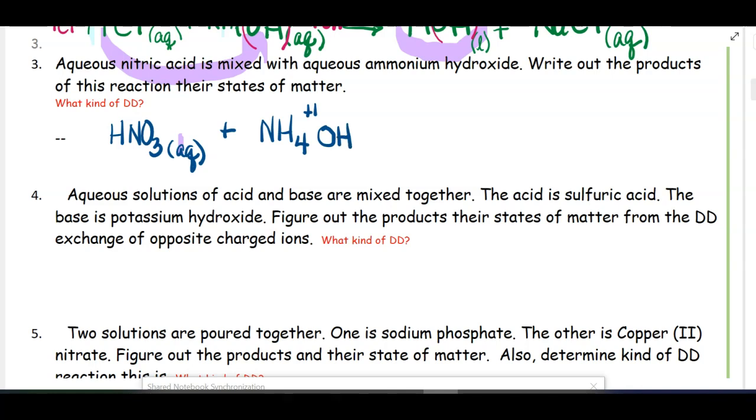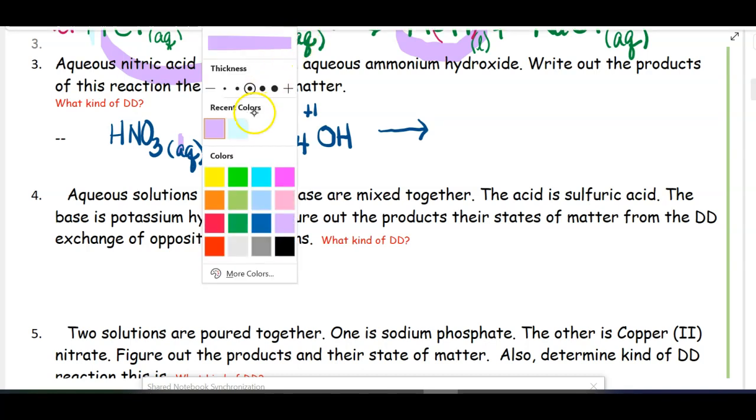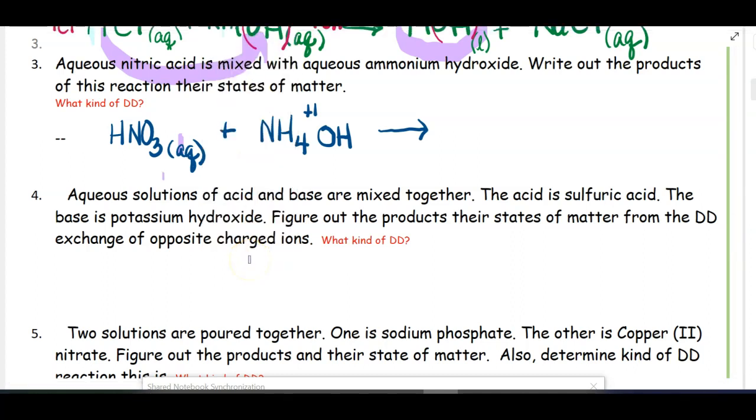All right. And then we just exchanged dancing partners. And here we go. So hydrogen is now going to be dancing with hydroxide.